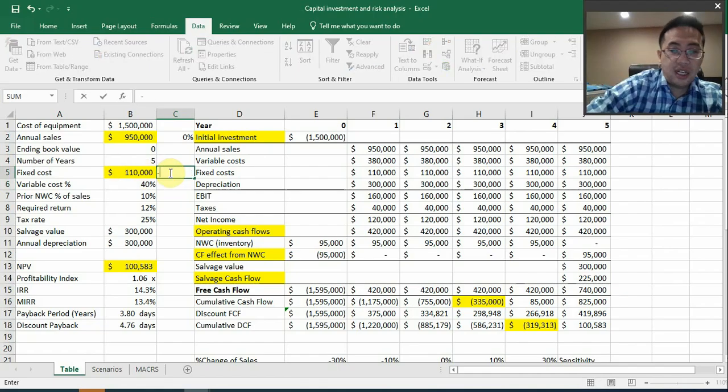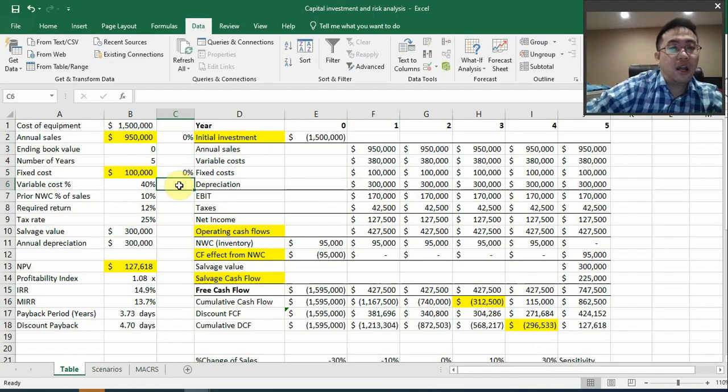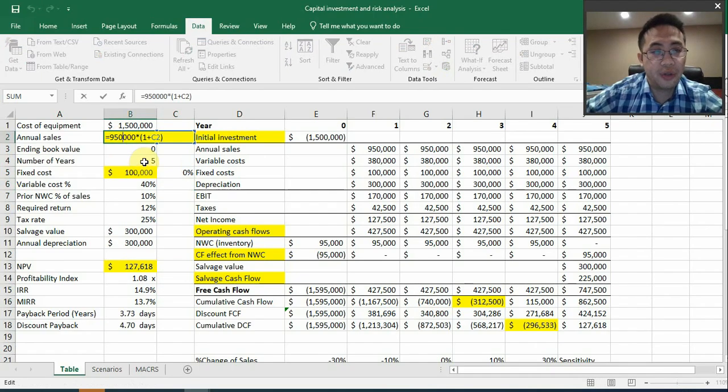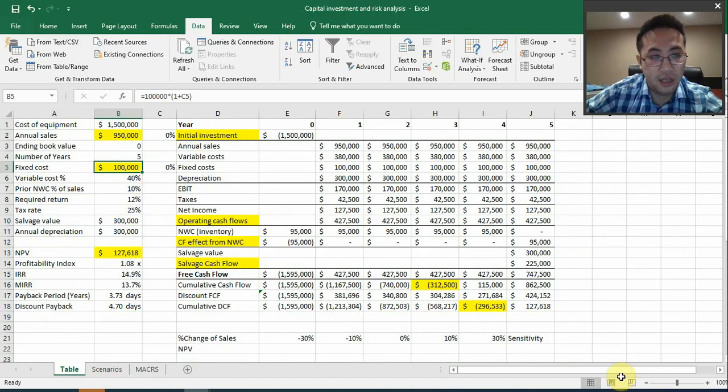If it's a negative 30%, then you will see my fixed cost got reduced and my NPV actually got increased. All right, so let me recap the setting. All of them are set as 0%, and the two variables incorporate this information of percentage. And then we will conduct the sensitivity analysis.